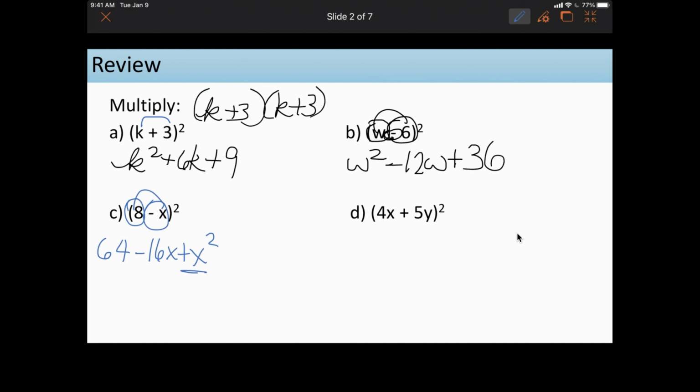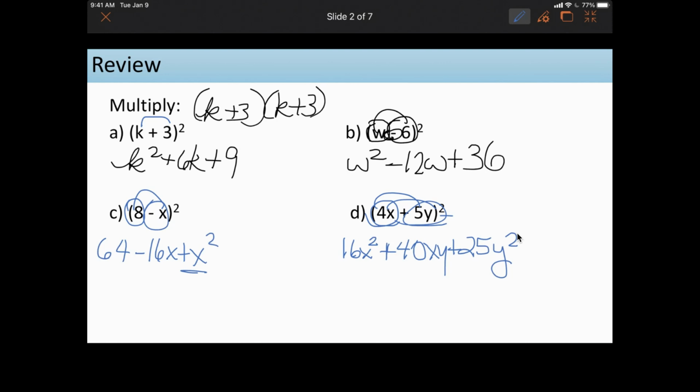Just do what it says. It doesn't matter what you see. Whatever's in front, you square it, right? Because that's what it says. And then you square the back. Okay. And then you multiply the numbers. 4 times 5 is 20, times 2 is 40, and then multiply the variables, x, y. That's it.